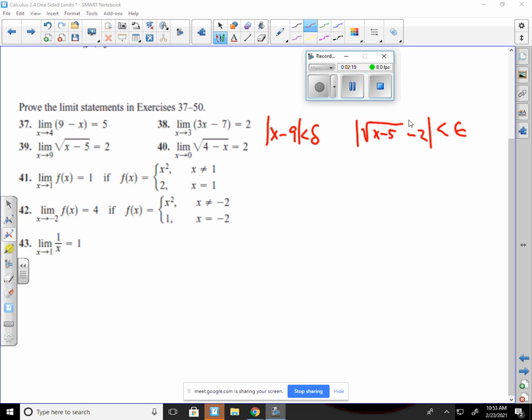All right, well, this one looks ugly in comparison to our last ones for sure. So the first thing that I'm going to do is add my 2 over. And when I do that, that means that I have to get rid of my absolute values first.